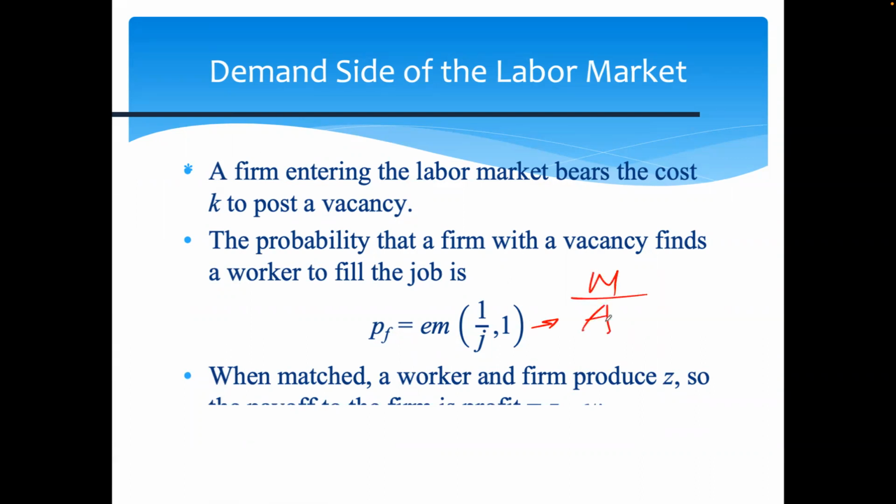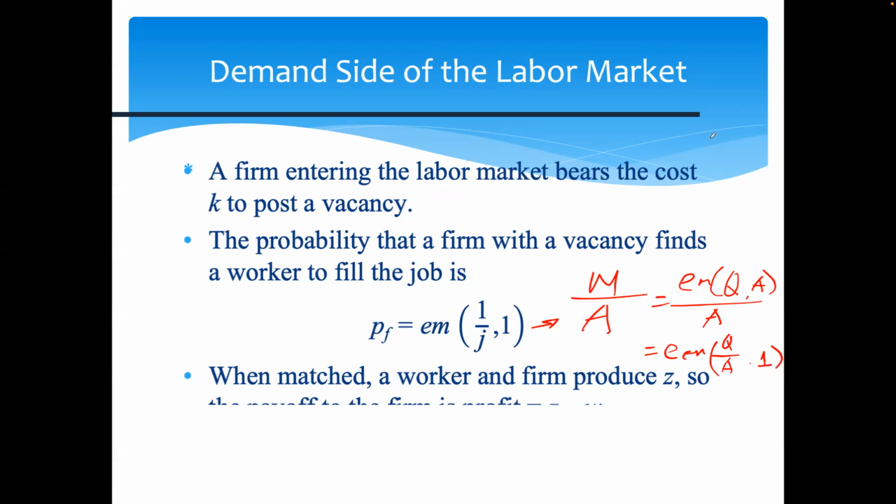M is the match, and A is the vacancy. So this is equal to E of M Q divided by A, now divided by A instead of divided by Q. This is equal to E times M of Q divided by A and 1.